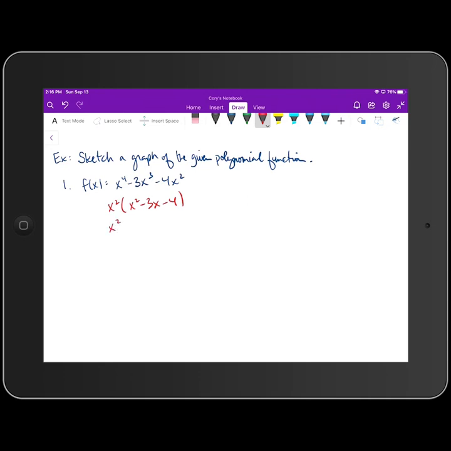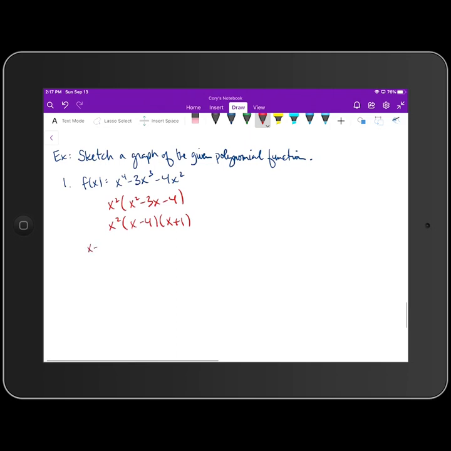And x squared minus 3x minus 4, that's factorable as well. That's going to factor to x minus 4 times x plus 1. Okay, so once we have that factored, we can now determine our x-intercepts as well as the multiplicity of each of those x-intercepts.